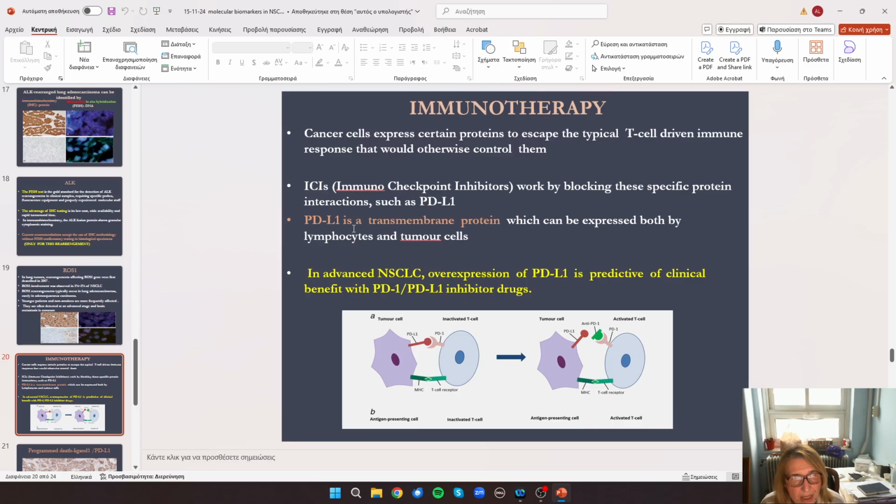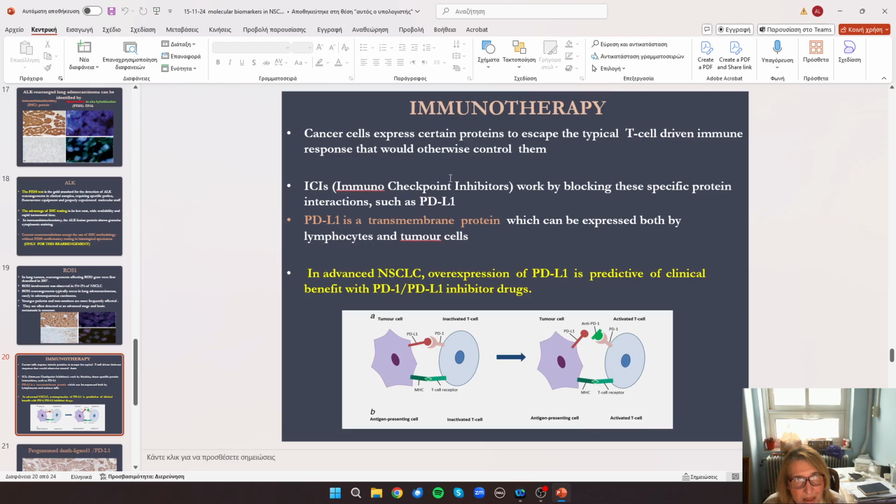Except for target therapy, where we treat the patients with specific drugs that target the specific genetic alterations, like point mutations and rearrangements, another field of modern therapy is immunotherapy.